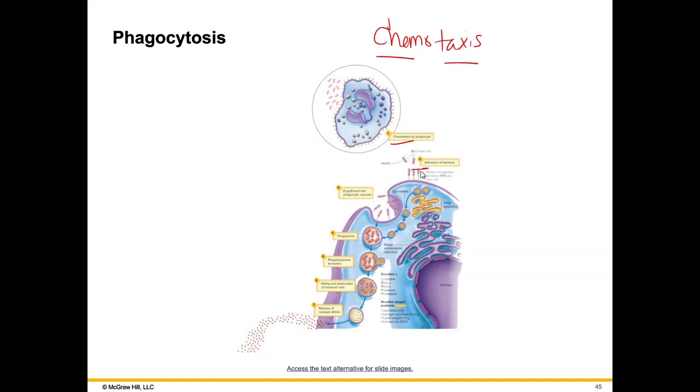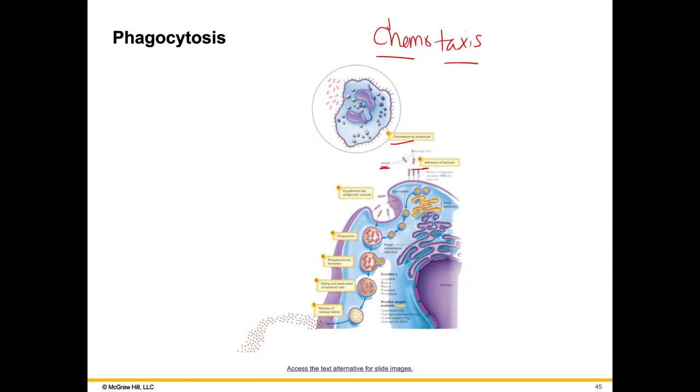Number 2, we'll have adhesion of bacteria. Number 3, we'll have engulfment of this particle. So again, we see here our example of bacteria. And as a reminder, don't forget, bacteria have those PAMPs.